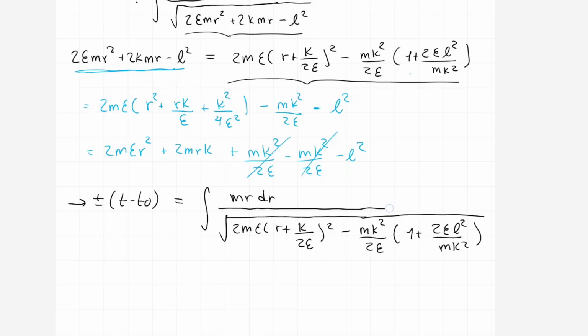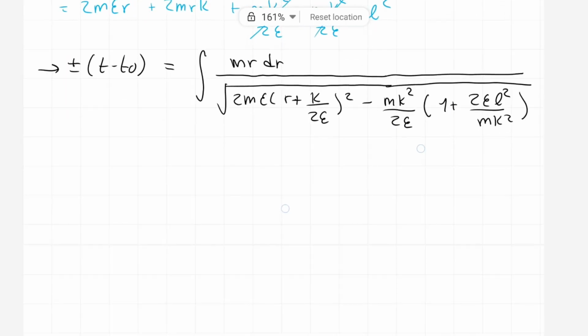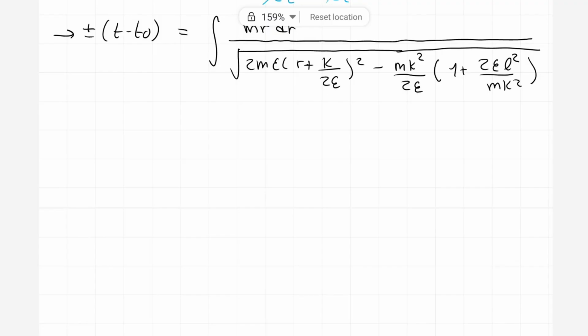Okay? And on a previous video we saw that we can define the eccentricity of the ellipse as the next: e squared is going to be equal to 1 plus 2El squared over mk squared. Okay?